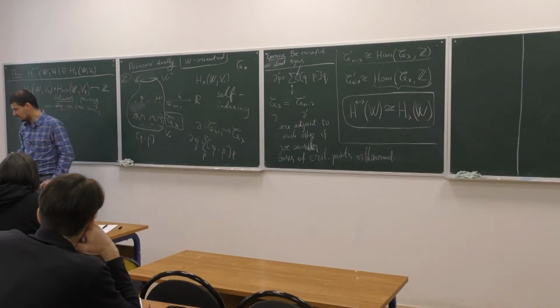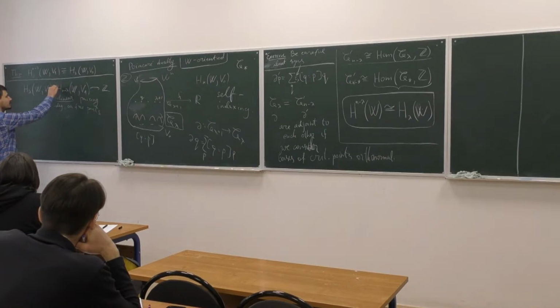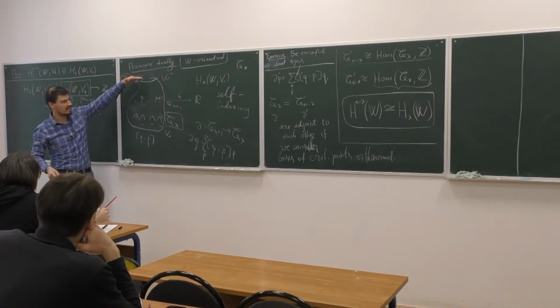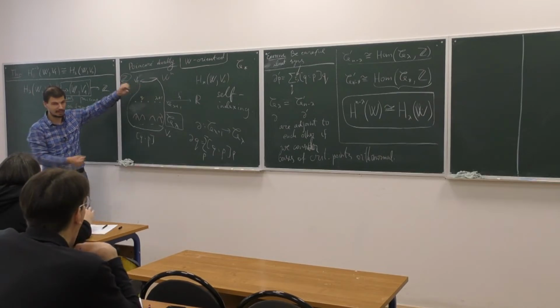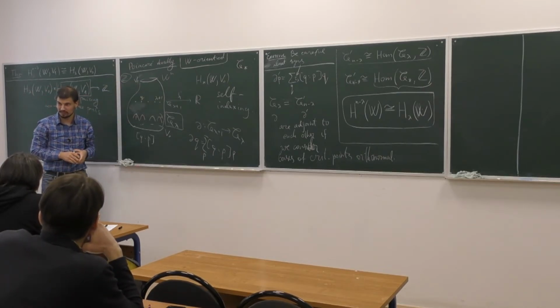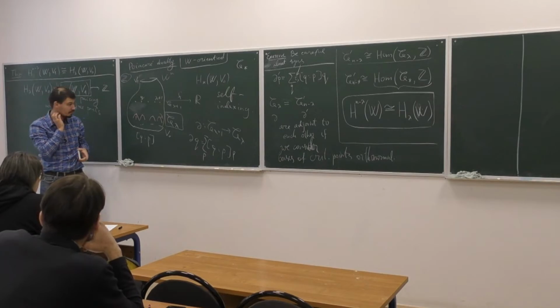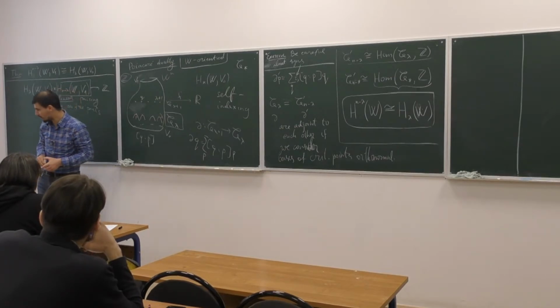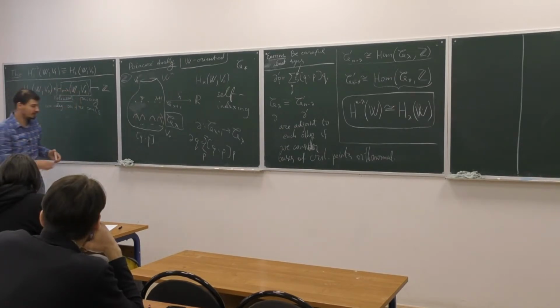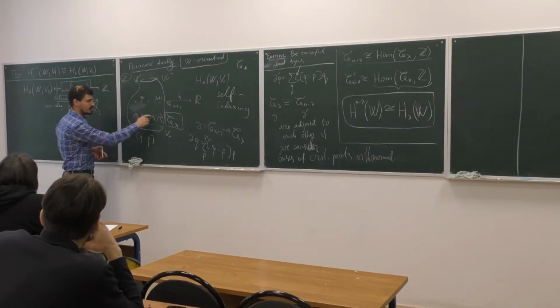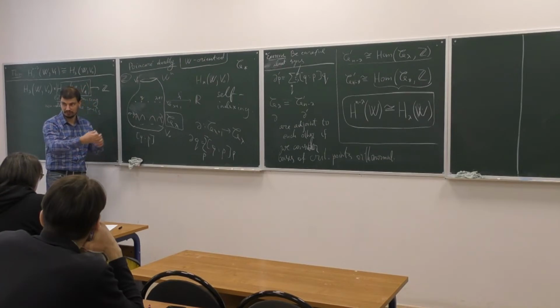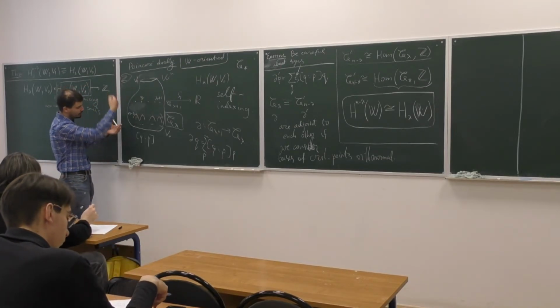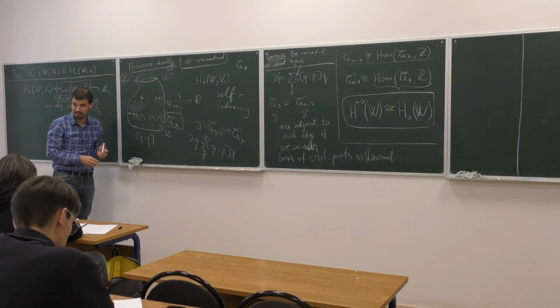What happens when we study this homology group from the viewpoint of the same function, but with swapped orientation? For the reversed function, these critical points are points of index n minus lambda. For the initial function, they have index lambda. For the reversed function, they have index n minus lambda.